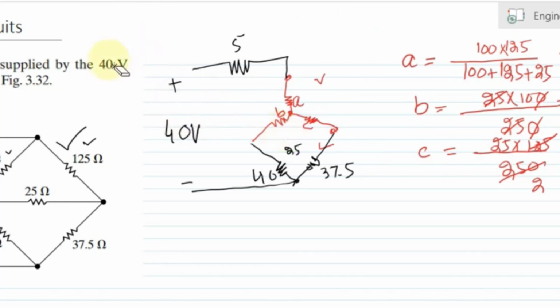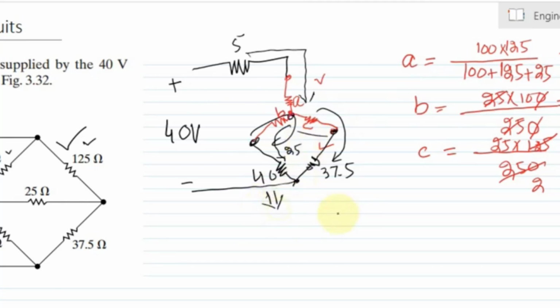So the equivalent circuit will become like this: A and 5 are in series, while B and 40 are again in series, while C and 37.5 are again in series, and the configuration of these two branches is basically in parallel.